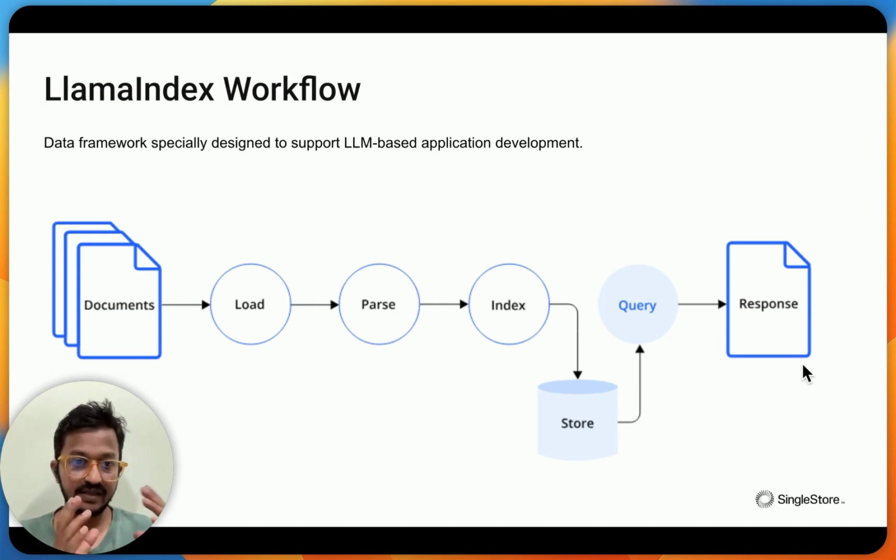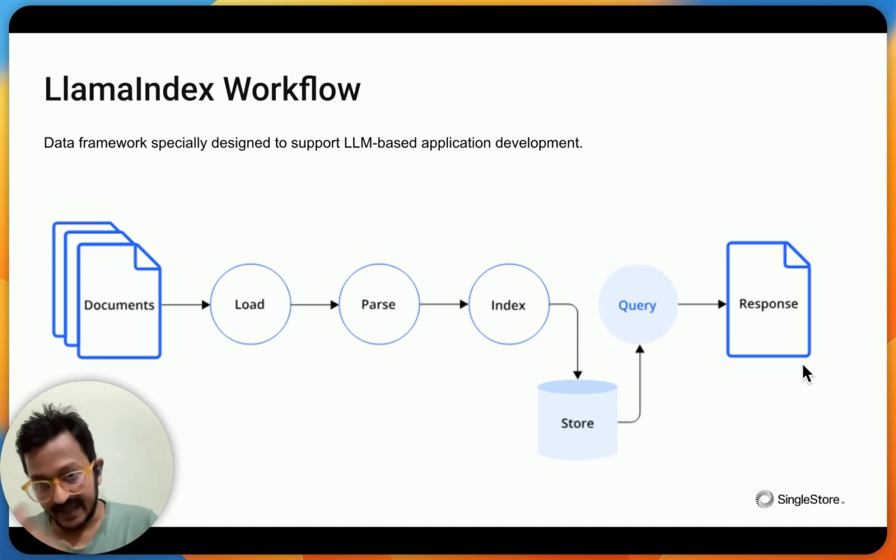This is also growing up and above, and this is a simple Llama Index workflow where, as you can see, your documents get loaded. Llama Index provides different components at different stages, like loaders. Your documents get loaded, then parsed, and indexed, and all the documents after indexing get stored in a vector store.